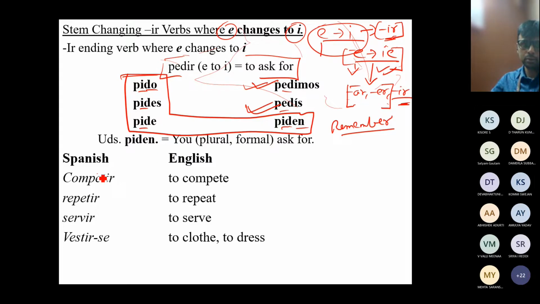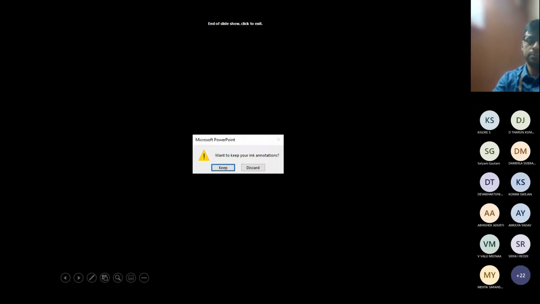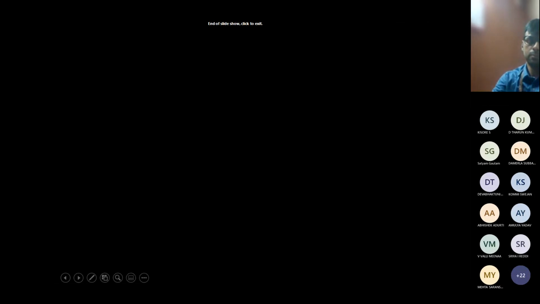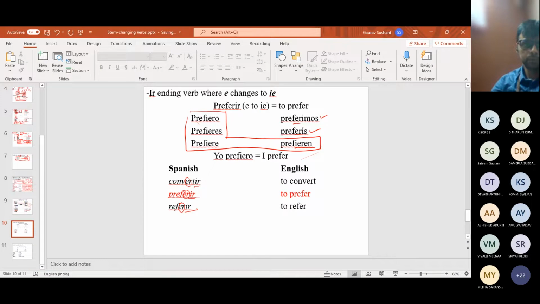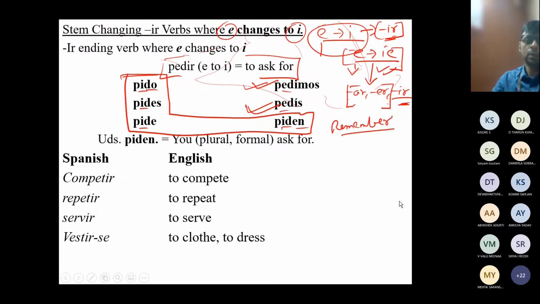Another few examples of this are given here. So competir, okay, sorry. So I was telling, these are the examples like competir. So here also, what will you do?